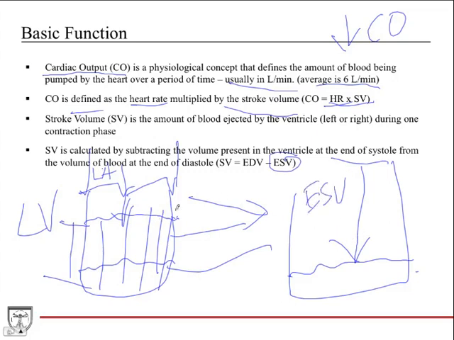You subtract that from the end diastolic volume, because diastole is also considered the filling phase. By the end of diastole, the ventricles are as full as they're going to be before ejection. So you subtract what's left, the ESV, from the end diastolic volume. That gives you your stroke volume. Then you measure the heart rate, multiply those two together, and you get your cardiac output.